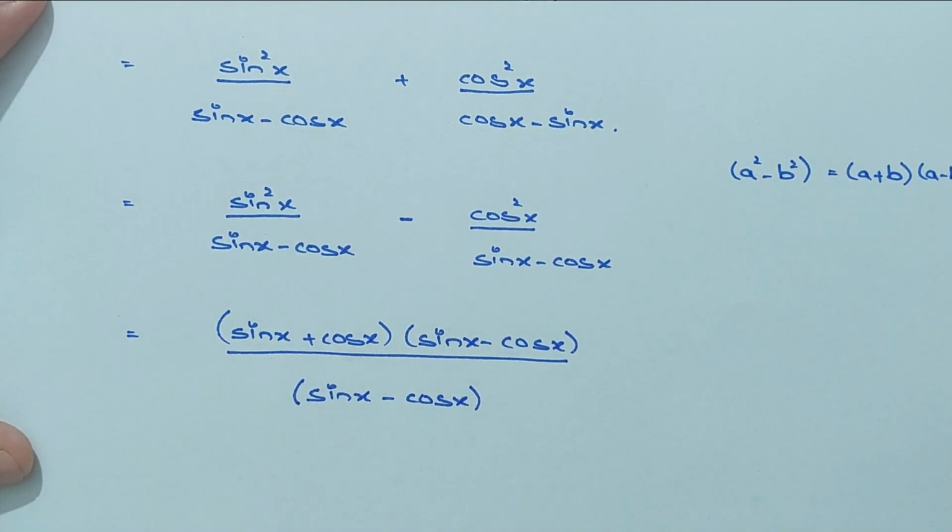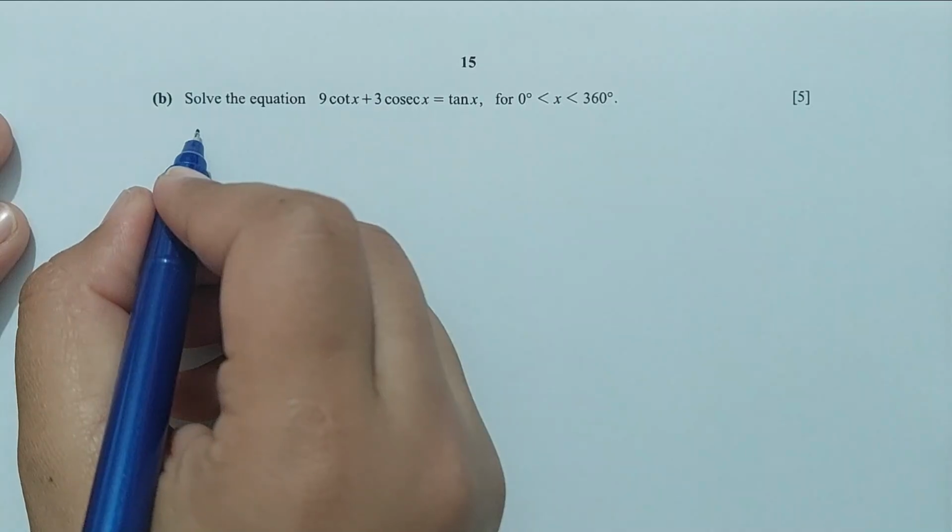So cancel the like factors, which is sin x minus cos x, and we are left with sin x plus cos x, and this is equals to my right hand side, right?